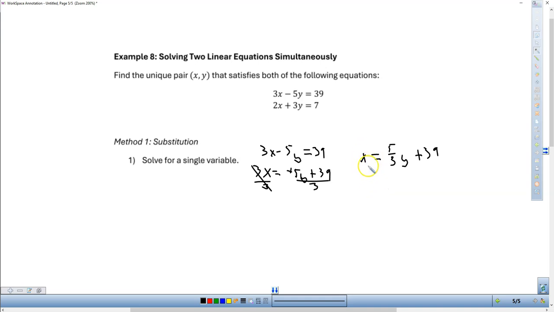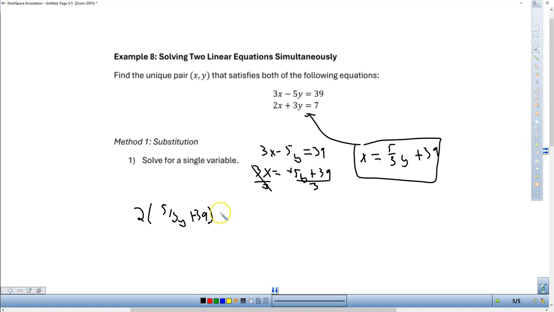Now that we have our x value, we can take this whole chunk here and plug it back into an equation. Now, we can't plug it back into the first equation. That won't work. We need to plug it into the second one. So we're going to say 2 times (5/3 y plus 39) plus 3y equals 7.